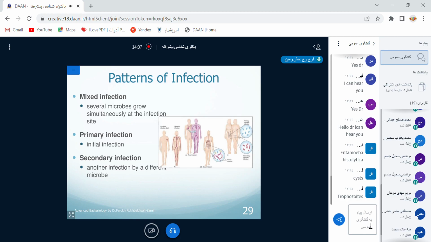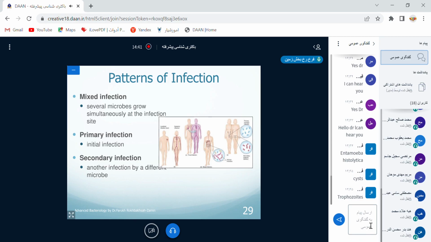So trophozoite is a form which grows and multiplies and attacks or produces toxin in our body. Cyst is a resistant form of protozoa, not eating anything, not growing, and not multiplying.